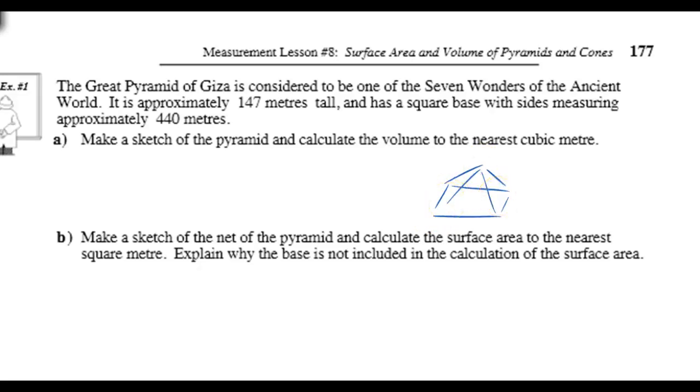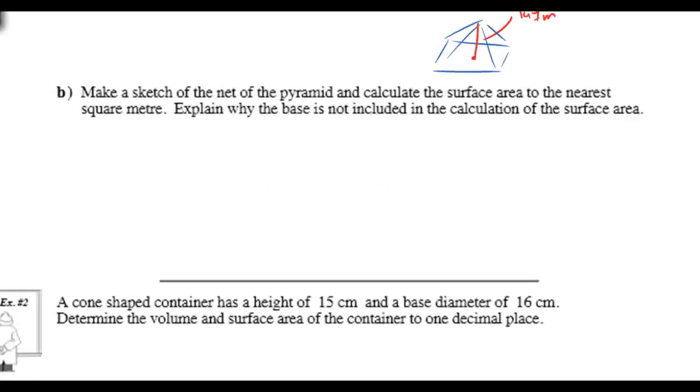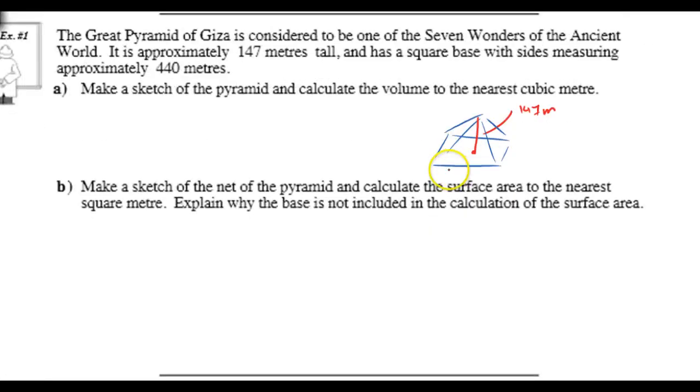So it has the height of 147 meters, and has a square base with the sides measuring 440 meters. That thing's massive. Wow. Okay, so make a sketch of the pyramid and calculate the volume to the nearest cubic meter.